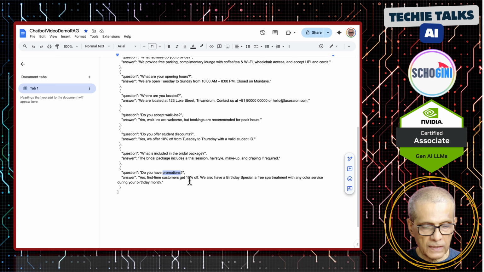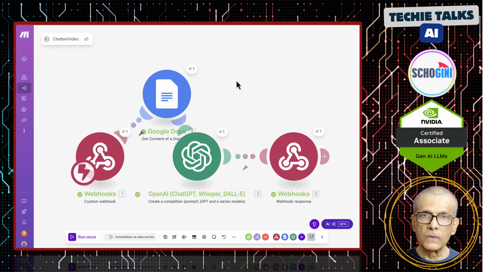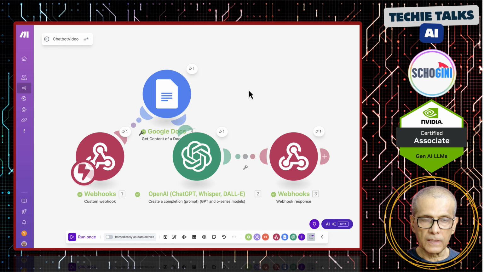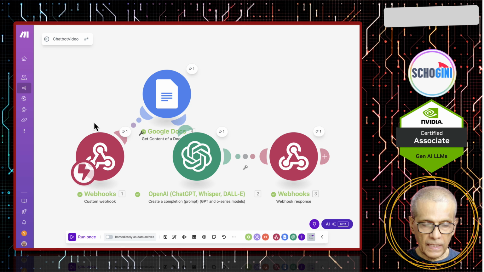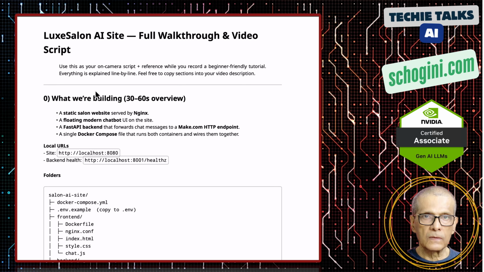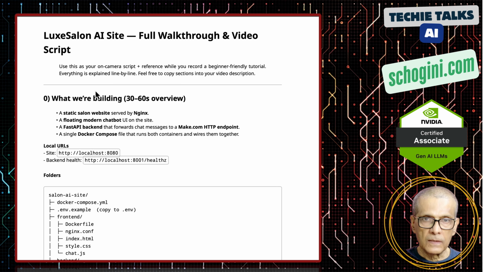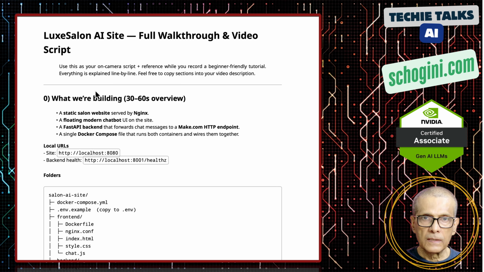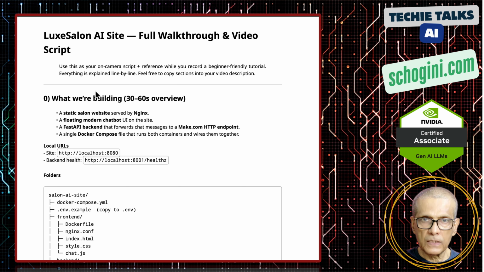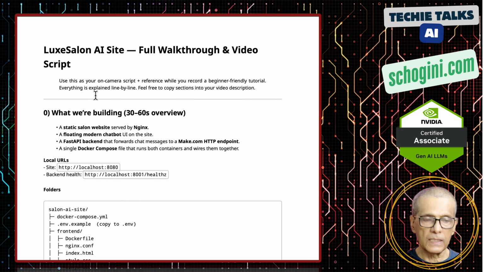First time customers get 10% off. If you look at the scenario, the no-code scenario has been executed. So this is an end-to-end no-code usage example. In the next few minutes, we'll go over the entire code and the folder structure quickly. Ensure that you stay through this so that you understand the flow completely.